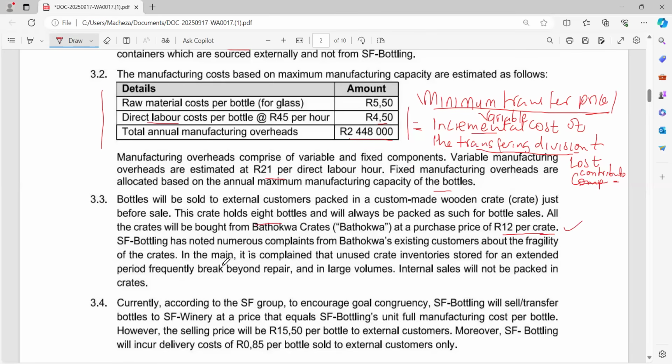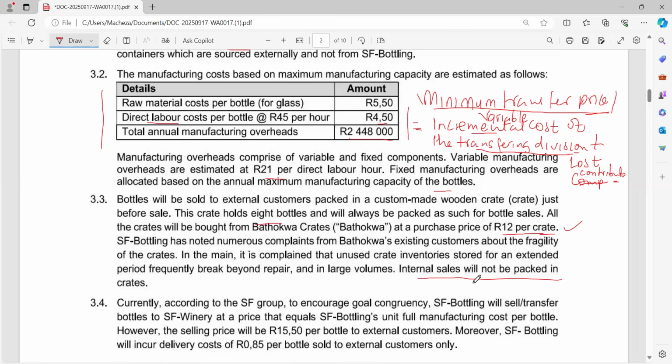Then they say SF bottling has noted numerous complaints from Tokwa's existing customers about the fragility of the crates. In the main, it is complained that unused crate inventory stored for an extended period frequently breaks beyond repair and in large volume. Internal sales will not be packed in crates. So your internal sales are not going to be packed in crates.